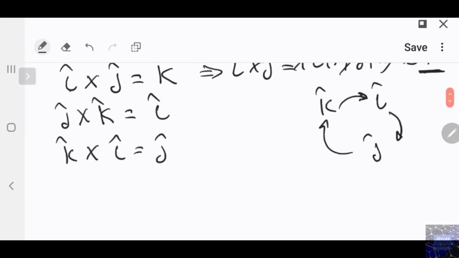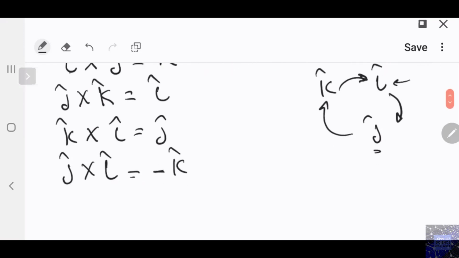Now, if I am to go counterclockwise, in this case, whatever cross product I do, I should be getting a negative result. So let's see, if I go j hat cross i hat, then since I'm going in the opposite direction, the answer should be minus k hat.